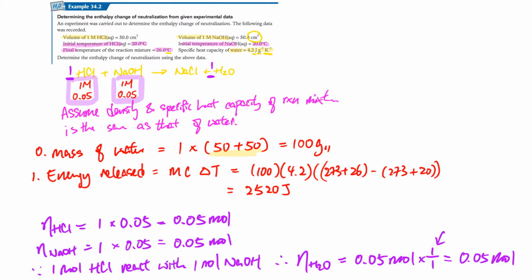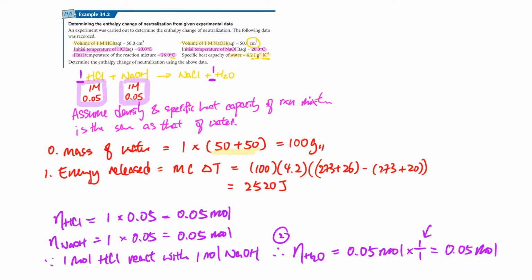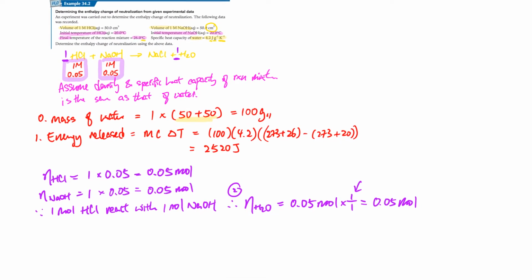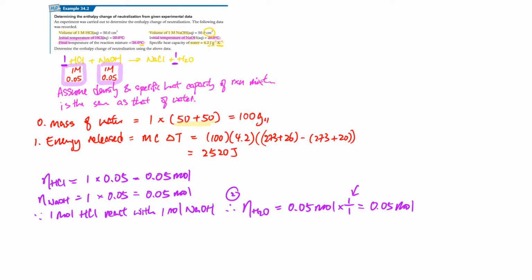After we get the number of mole of water, what we need to do next will be the energy released over the number of mole. So energy released over number of mole. So the enthalpy change of neutralization will then equal negative 2520 over 0.05.